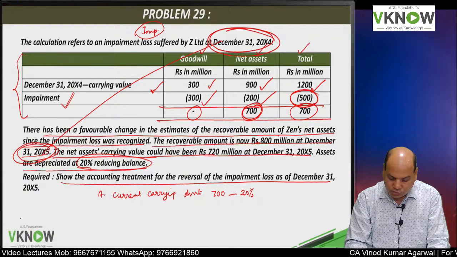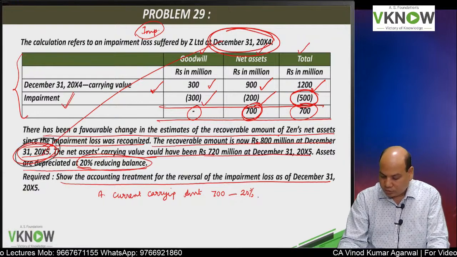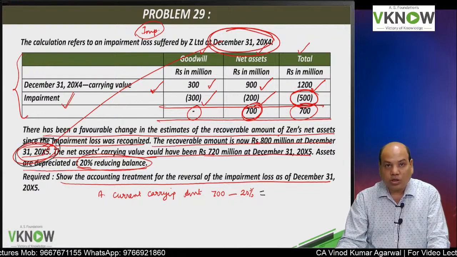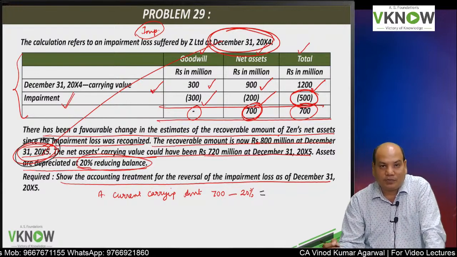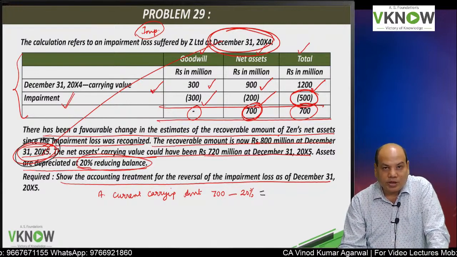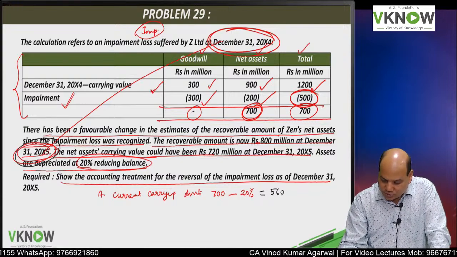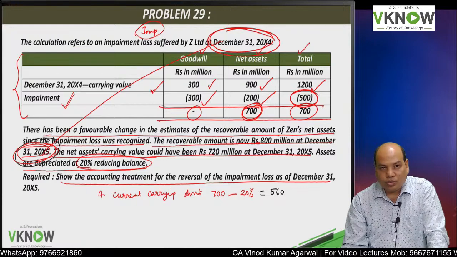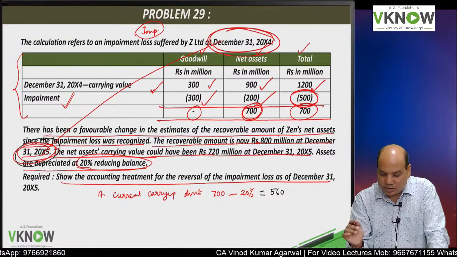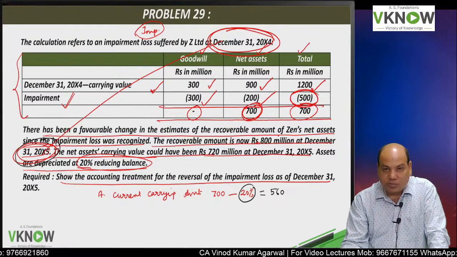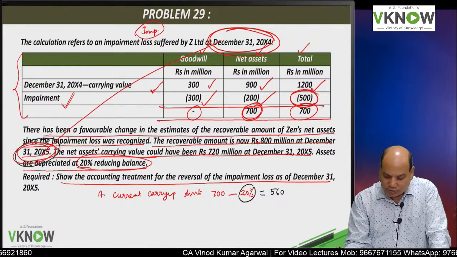So only 1 year is over. So the carrying amount of the asset after 1 year from the date you provided impairment will be 560. Carrying amount 700 minus depreciation at the rate of 20% for 1 year is 560.